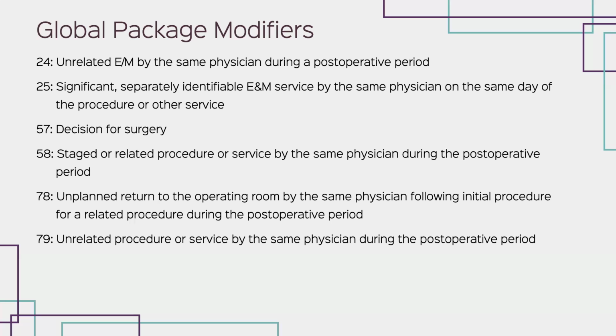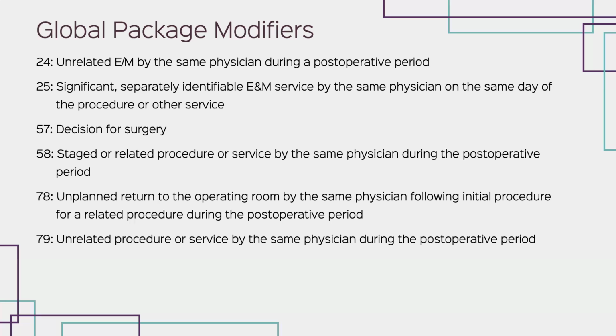However, if the patient is being seen emergently and they need surgery quickly, so if, for example, they go into the ER with right lower quadrant pain, and then the doctor decides that they have appendicitis and they want to go in and do that appendectomy before it ruptures, then they can append that modifier 57 to carve out that visit from the global package to say, without doing the exam, we didn't know what procedure needed to be done.